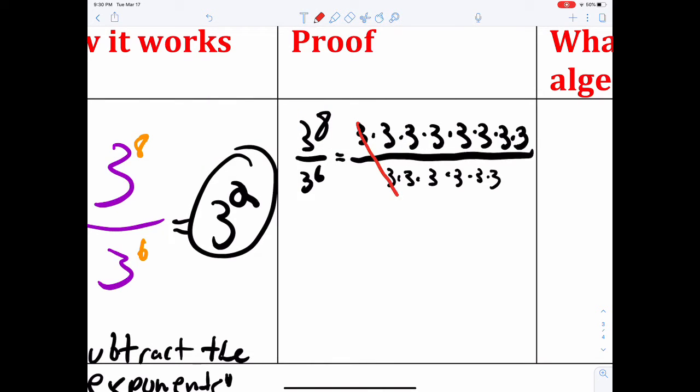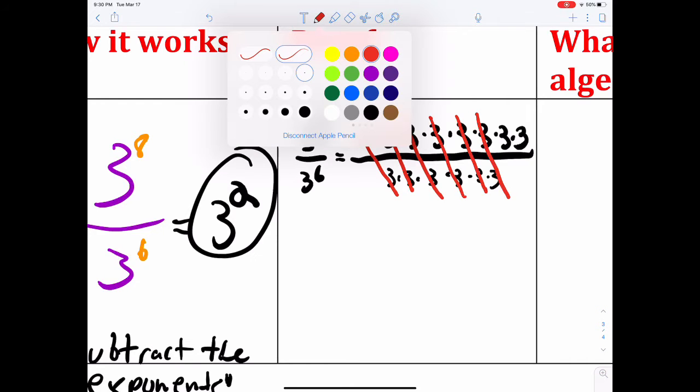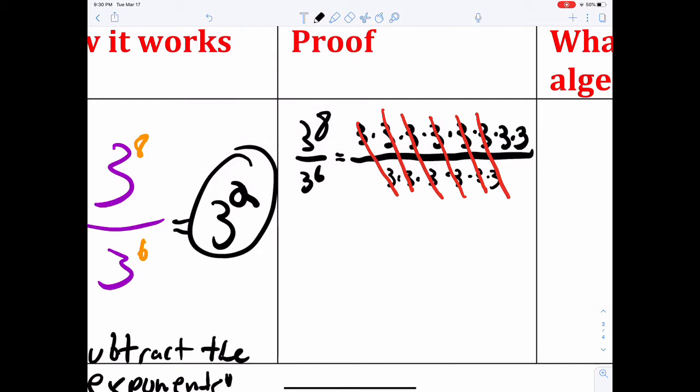So there's one gone, there's another 3 gone, there's another 3 gone. And what you're left with is how many 3s? 2. Two 3s being multiplied. And that's why that rule works.